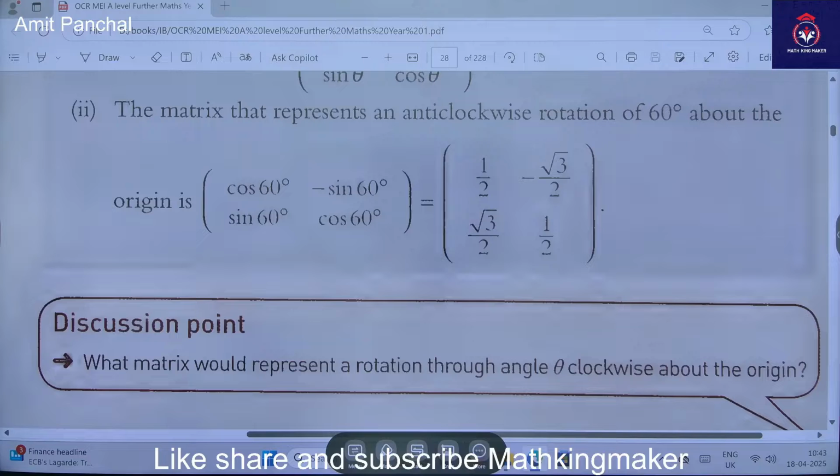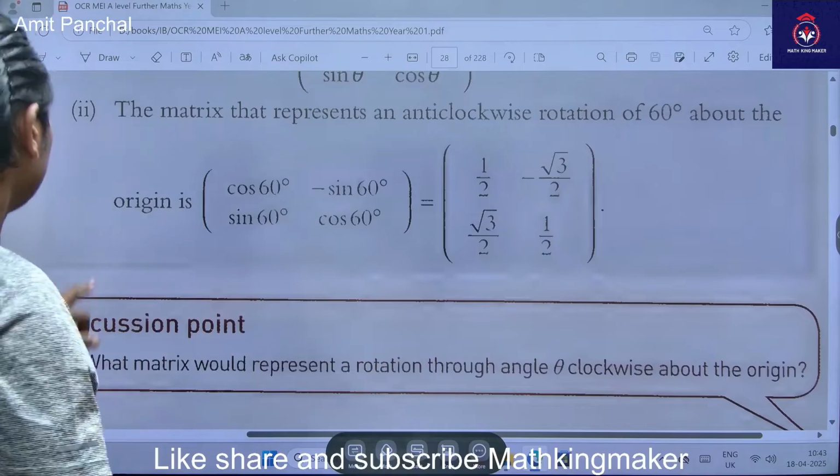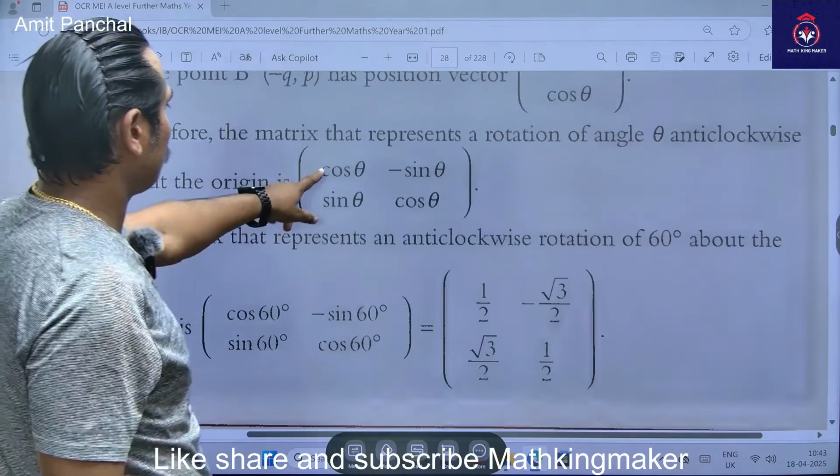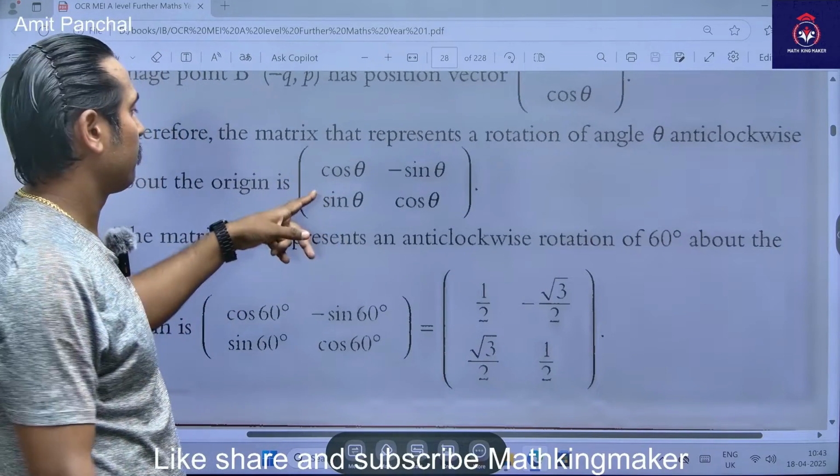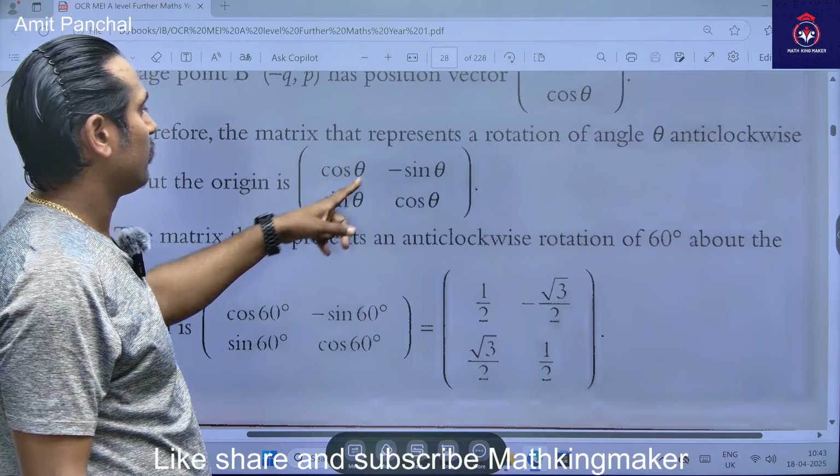So what is the transformation matrix? Sir, I got cos theta, minus sin theta, cos theta. So what is the change? So cos theta, minus sin theta, cos theta.